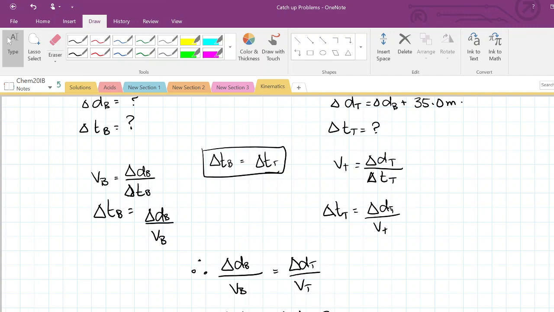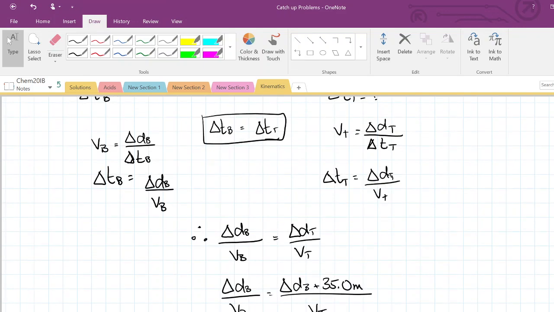So I'm rearranging my formula, and I get distance Bill over speed Bill and distance Tom over speed Tom. Now, because I know Tom's time and Bill's time are equal, I can therefore say that distance Bill over speed Bill is going to be equal to Tom's total distance over Tom's speed.